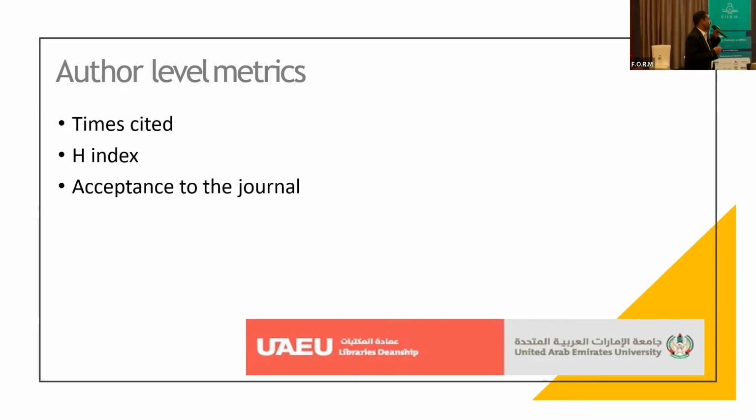I publish 10 papers. Out of 10 papers, 2 papers have 2 citations each. My h-index is 2. If all 10 papers have 10 citations each, my h-index is 10. That means I am one of the best research publishers.